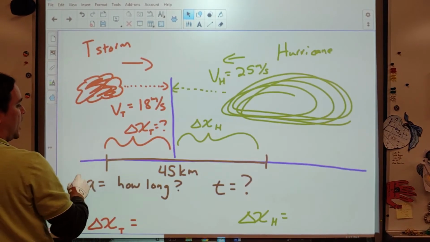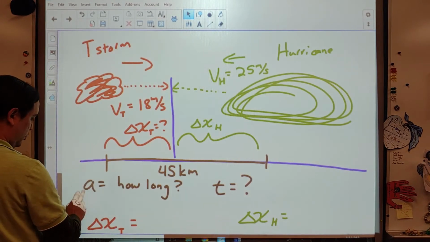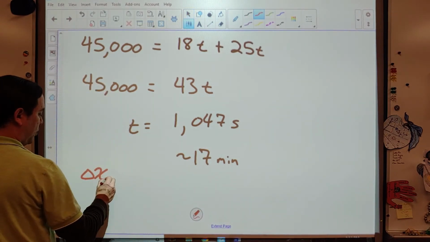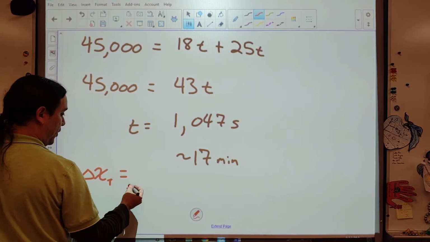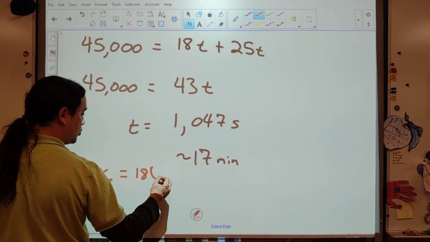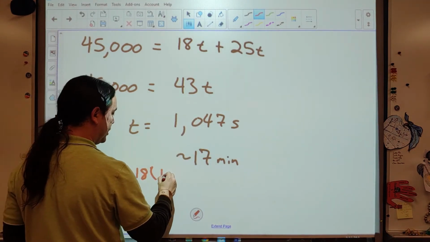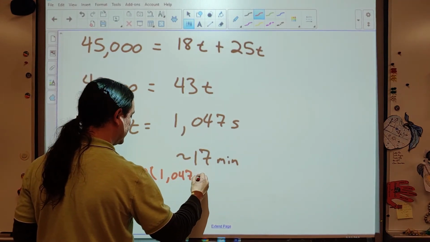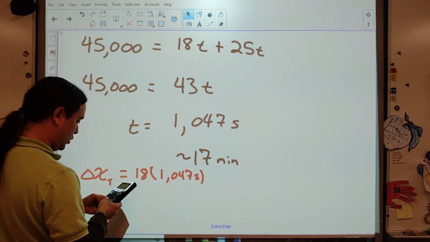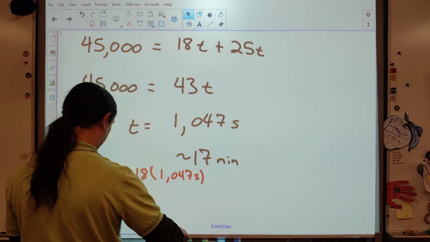Well, now that we know what the time is, we saw from one of our previous equations that the displacement of a thunderstorm is equal to 18 meters per second times whatever our time was, but we didn't know it at the time. We now know that it is 1,047 seconds. 18 meters per second times seconds, that leaves me with meters, so 18 times 1,047 gives me the following.